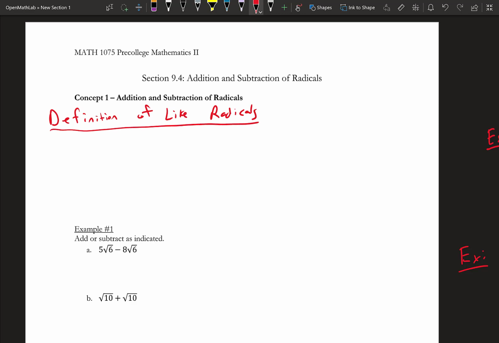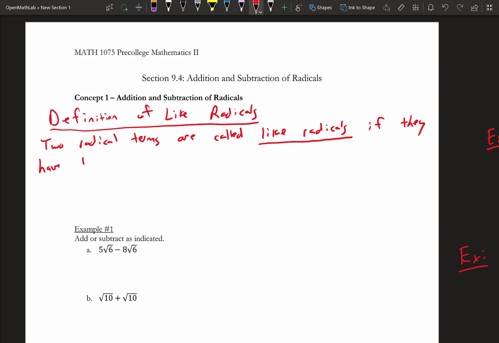Two radical terms are called like radicals if they have the same index and the same radicand.